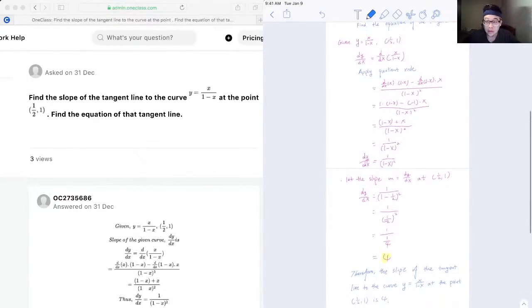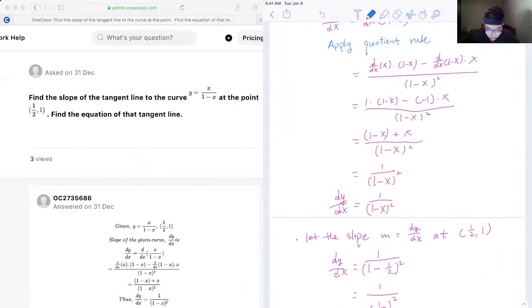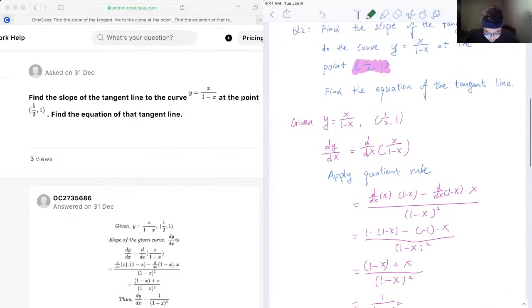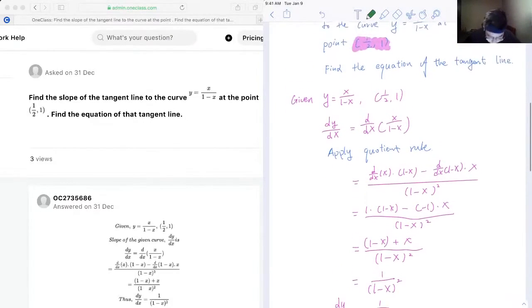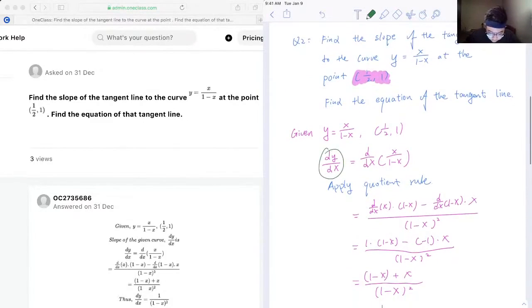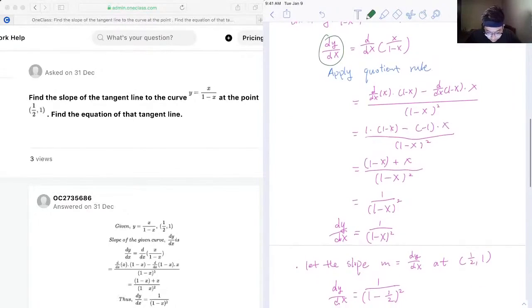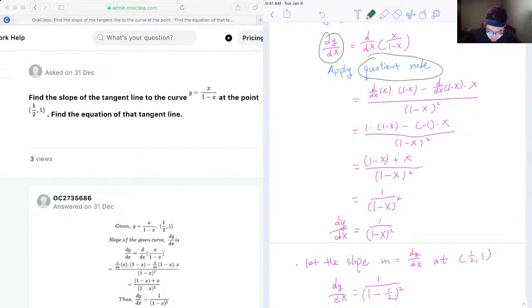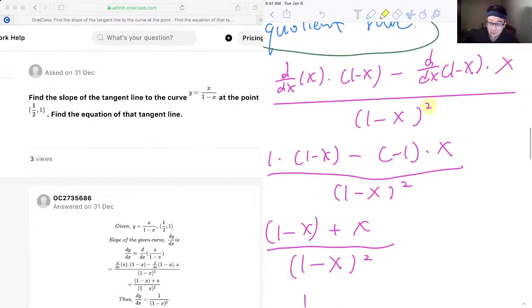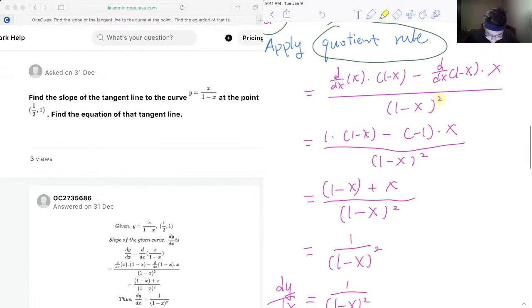So that's what we have for this question. Let's go over again what we need to do in order to solve this type of question. First, we need to find dy/dx, solving for the derivative of the equation of the curve, and in our case, we apply the quotient rule. And remember, when we apply the quotient rule, for the denominator part, don't forget the exponent, which is 2.